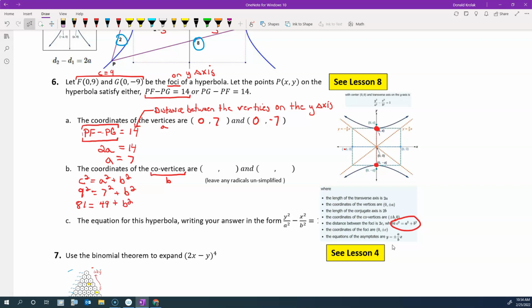Subtract 49 from both sides, and I get 32 equals B². If I take the square root of both sides, I get B is root 32.